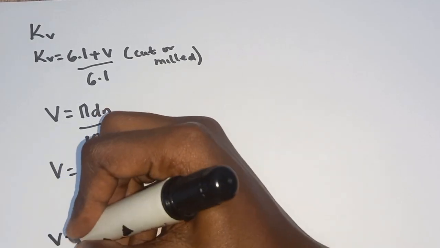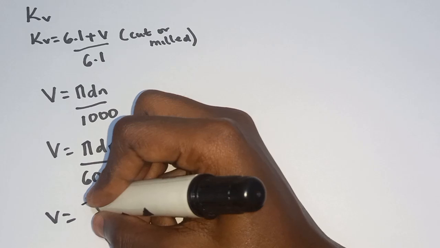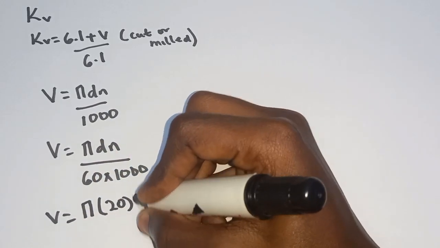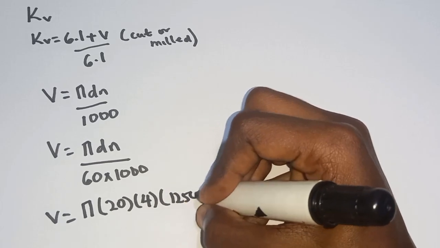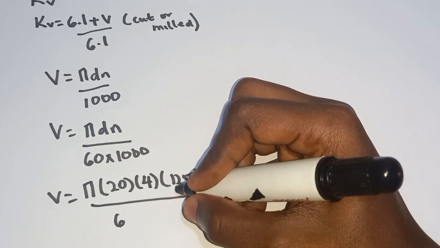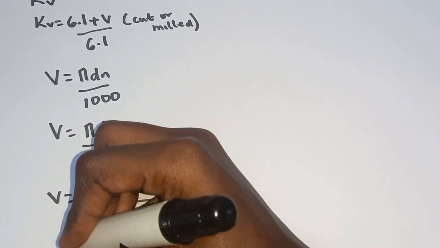So then in writing this, we have the v to be pi times, what's the d? The number of teeth times the module times the speed, all divided by 60,000.